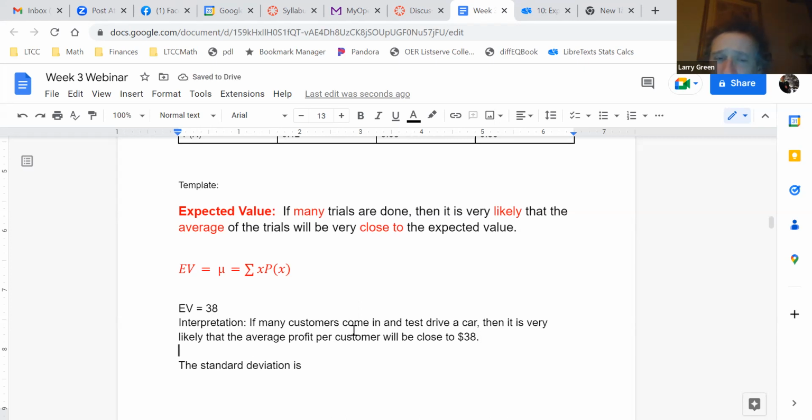Any questions on that? Any questions on writing down the interpretation using this, but then make sure you put it in the context of the question, the car sales in this case? Any questions on this idea?